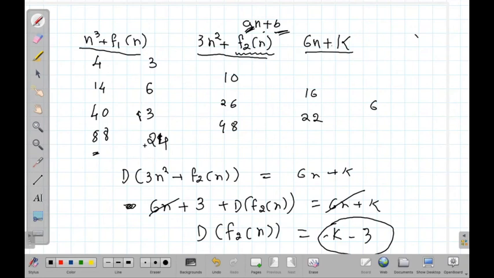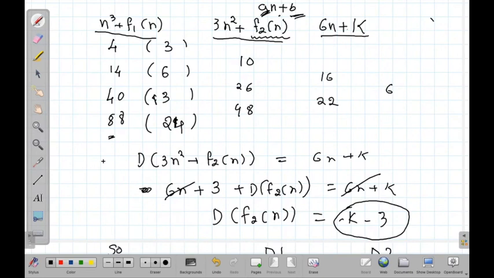So it is like a recursive process. How did you get that, ma'am? 3, 6, 13, 24?